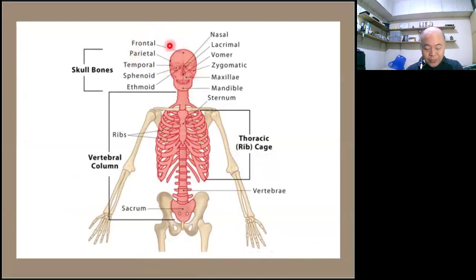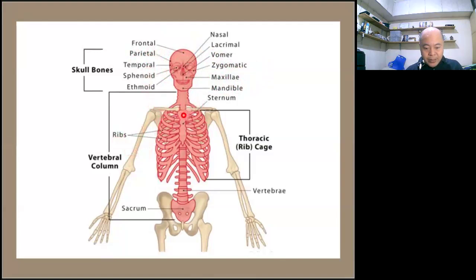We have a lot of the subparts of the skull. If you want to learn it, it's here. We can see the parietal, which was mentioned a while ago. It's an example of a flat bone, but part of the skull, it's a bit curving.